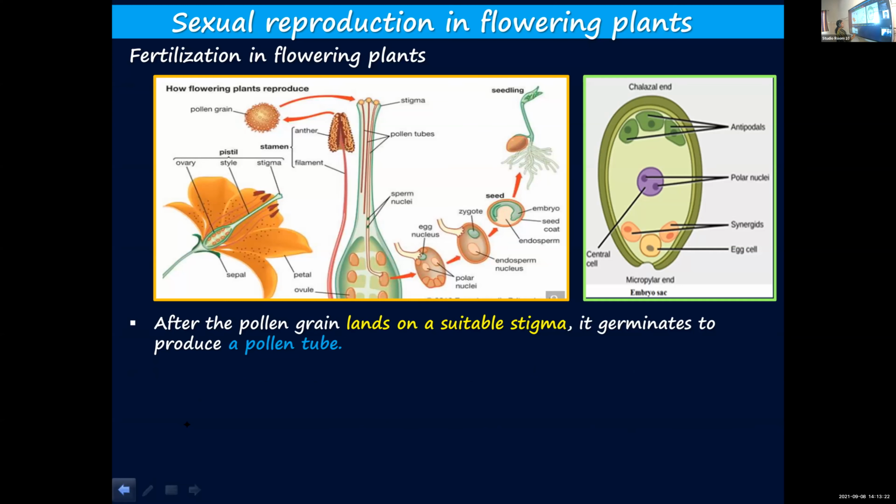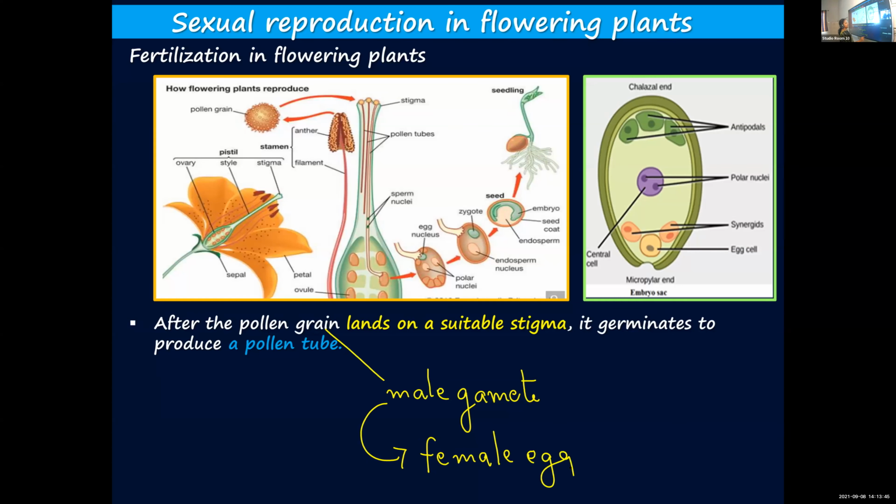Pollen grain is having male gametes. Each pollen grain will have 2 male gametes. Now for fertilization to happen, this should fuse with female gamete or egg. And this female gamete or egg is present inside the ovule. Okay.